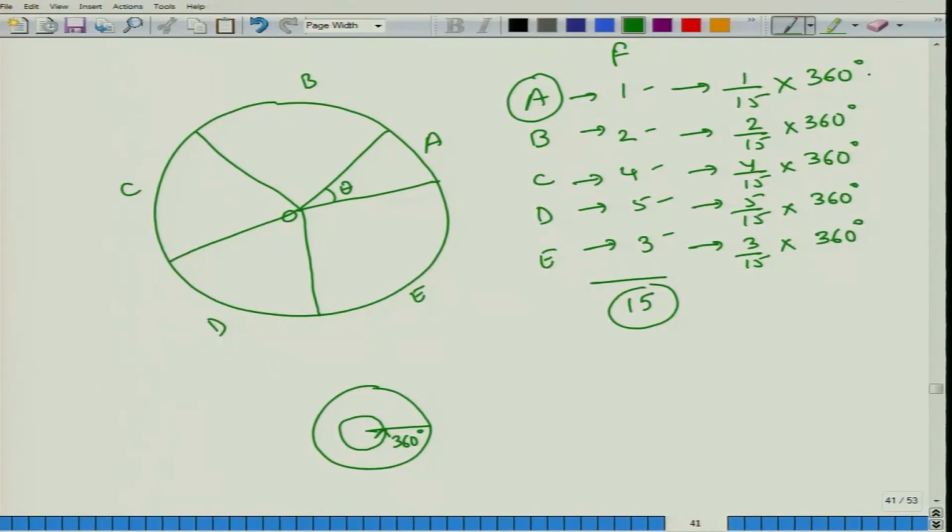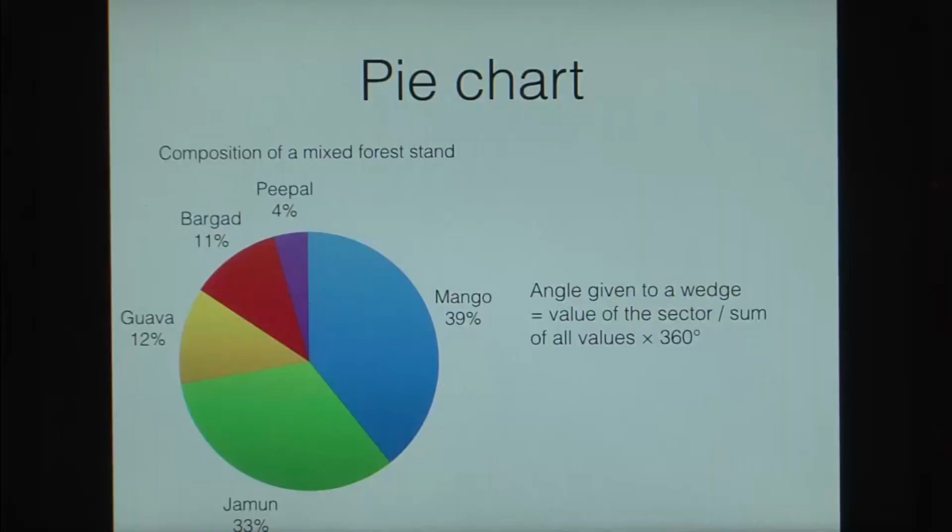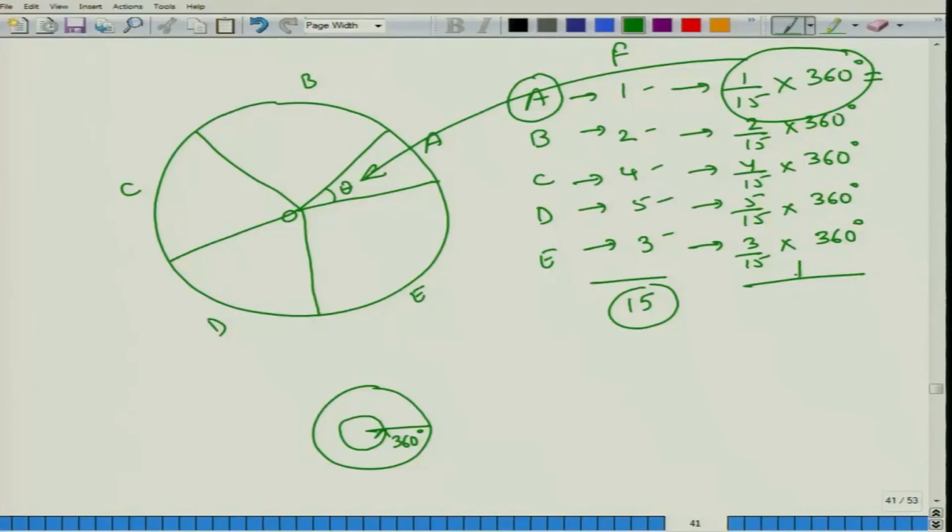The value that we receive would be the angle subtended by A in this case. Here we observe that every tree species has been given its own wedge, and the wedge angle is calculated by the value of the sector divided by the sum of all values and then multiplied by 360 degrees. So, the total in this case will always come out to be 360 degrees.